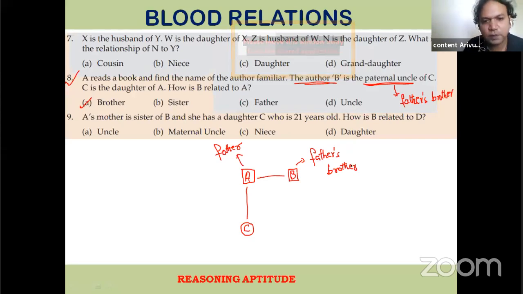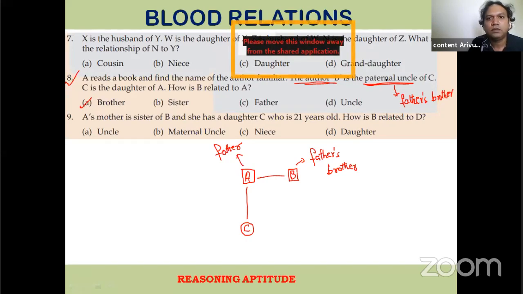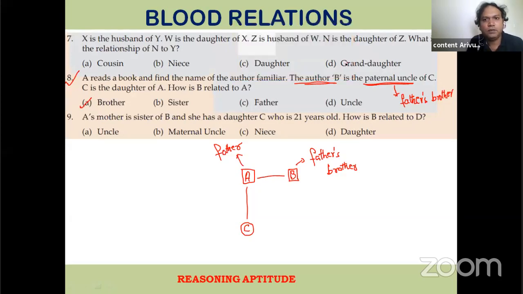So father's brother, paternal uncle. How is B related to A? B is the brother of A. Okay, so I hope this part is clear. Question number 8. Any doubts here? Question number 8.